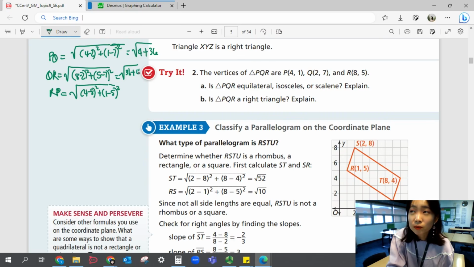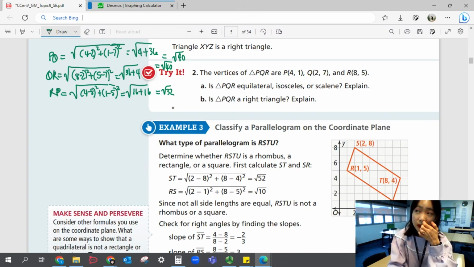Square that is 4. And then 4 minus 8 is negative 4. Square that, 16. 1 minus 5 is negative 4. Square that, 16. So that is square root 40, and that is square root 40 as well, and that is square root 32. Okay.